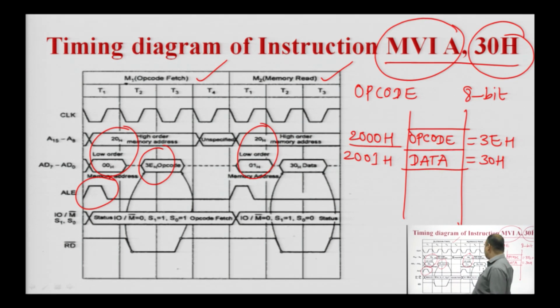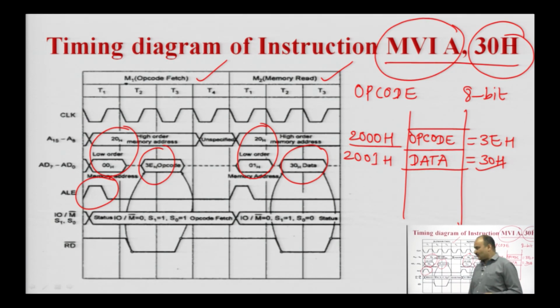This address is used to read the data from the memory. At this memory location 2001H, the data is 30H. So, this is the meaning of the 2 memory locations: at 2000H we have the operation code, and at memory location 2001H we have the 8-bit data, which is 30H.